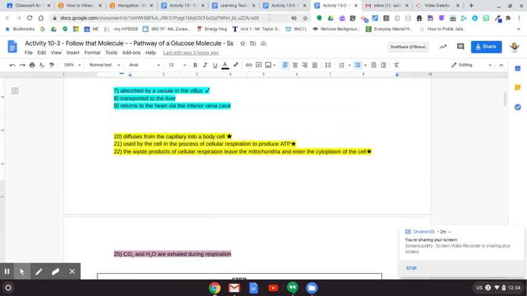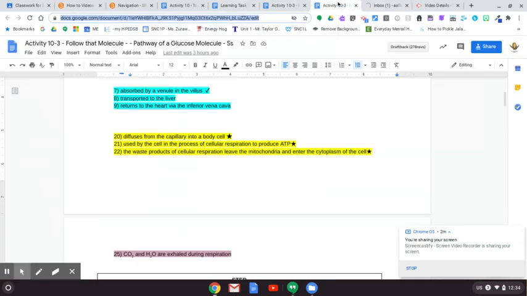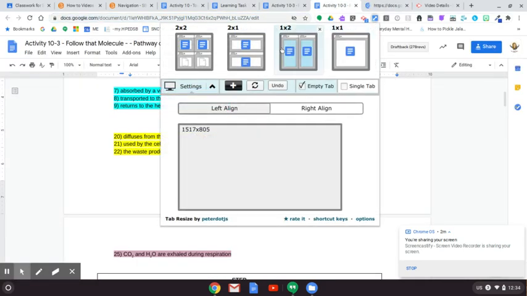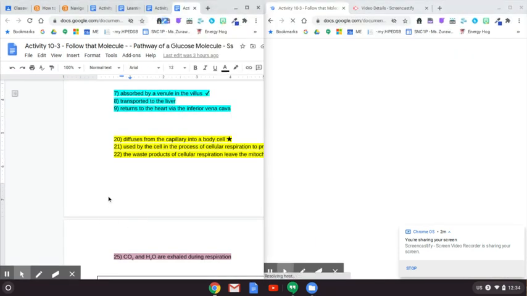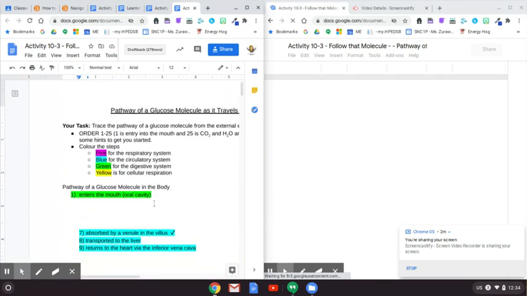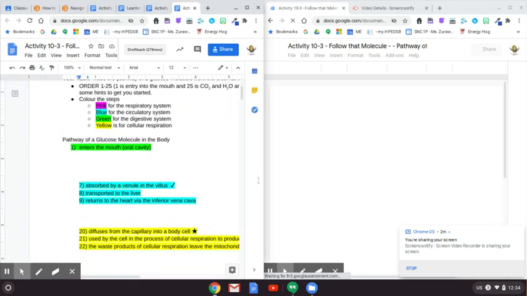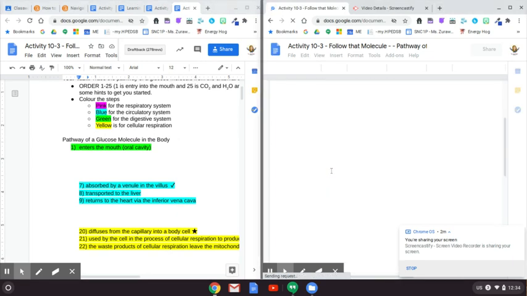I'm going to open this again. Sorry, you can hear all the students moving in the hallway. I'm going to open this again, and I'm just going to pull up the images that I've copied down below. You should have everything that you need to help you figure out this pathway using the images that I've linked below.